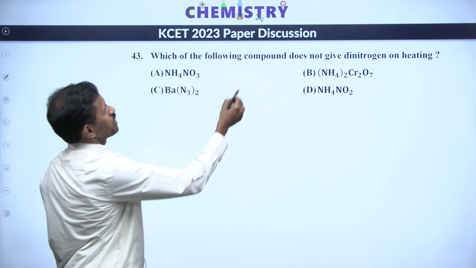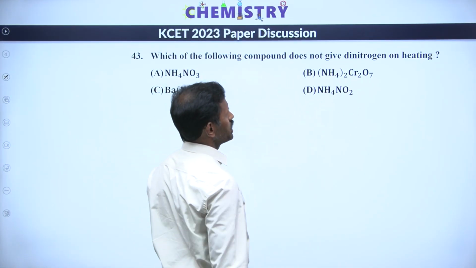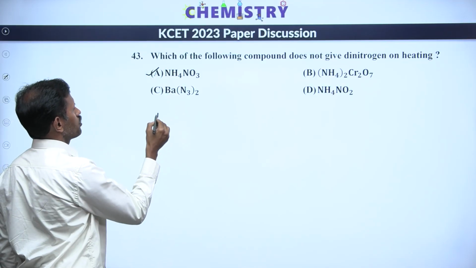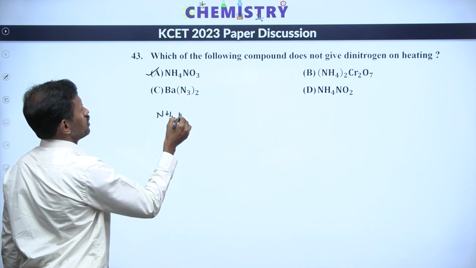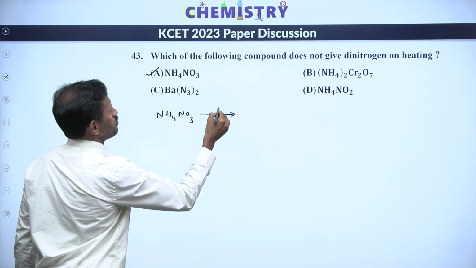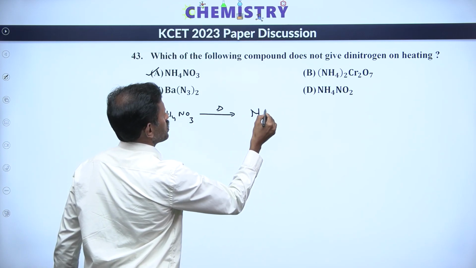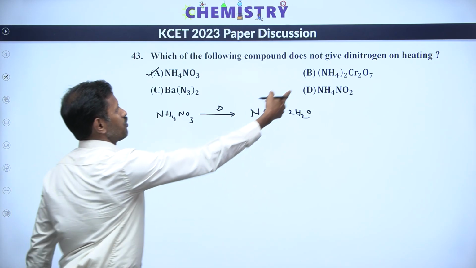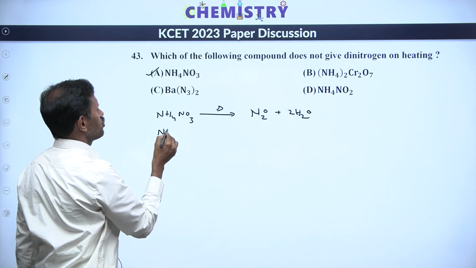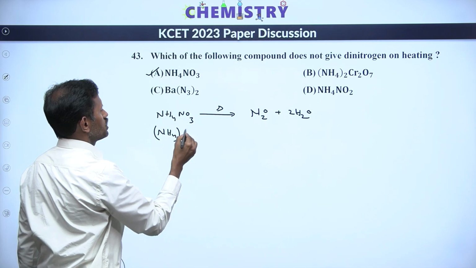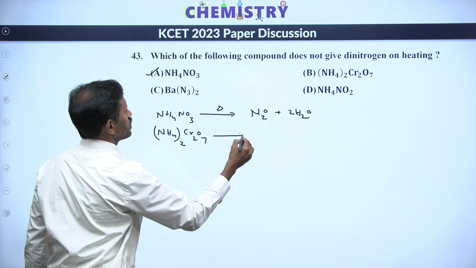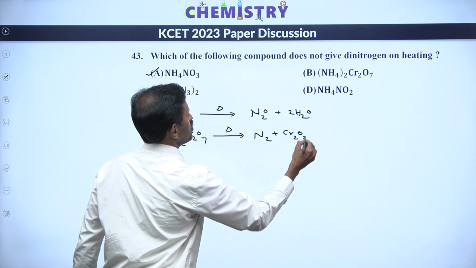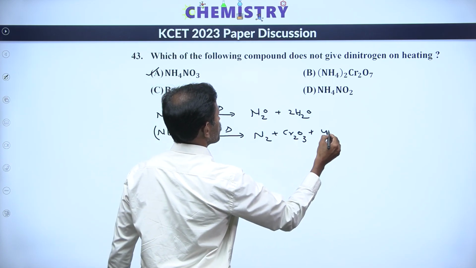Next, which of the following compounds does not give dinitrogen on heating? Here the answer can be A. Why? Because if you write ammonium nitrate, on heating it gives nitrous oxide plus 2H2O. Heating of ammonium dichromate, that is (NH4)2Cr2O7, gives N2 gas plus Cr2O3 plus 4H2O.